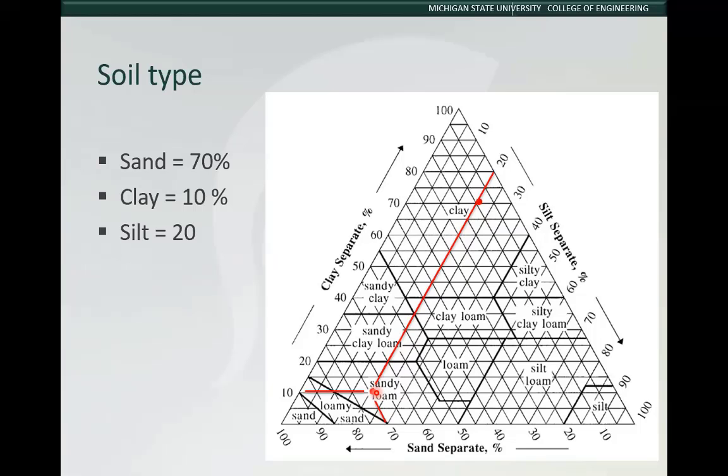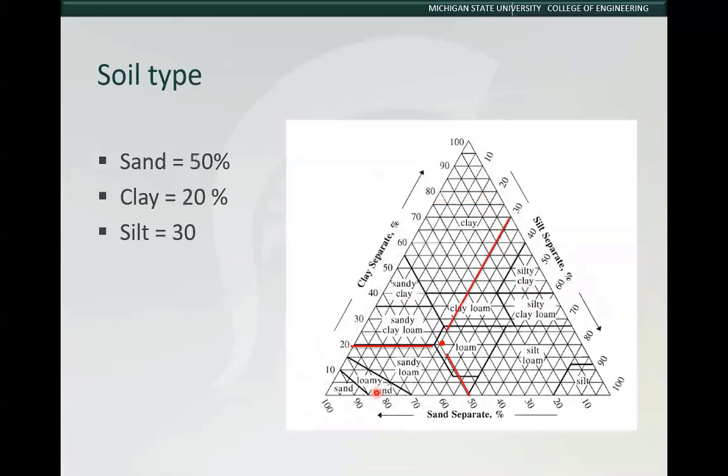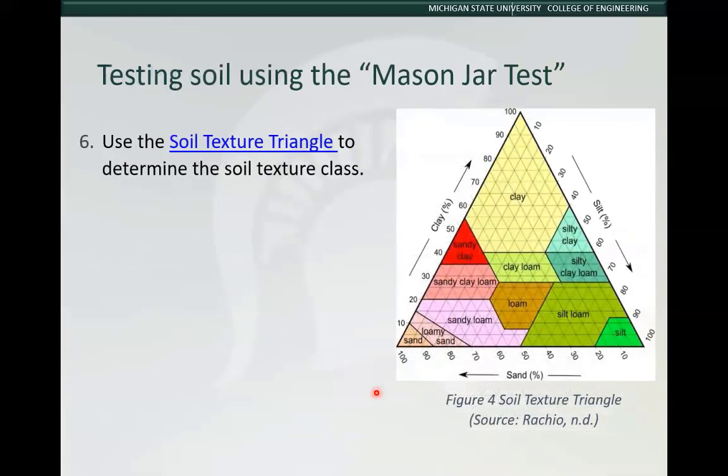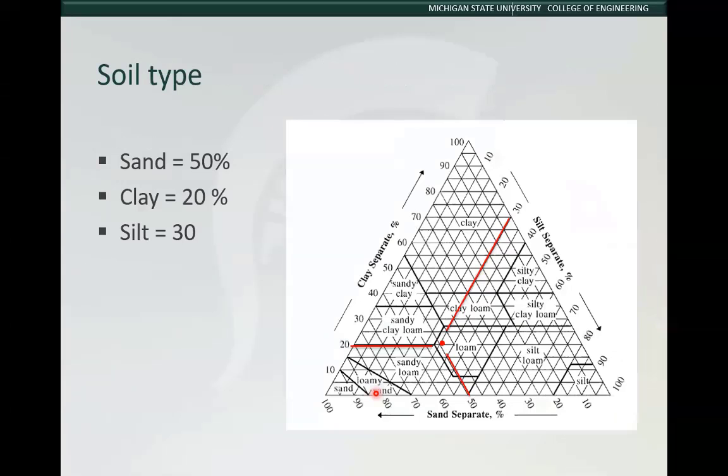Like I said, it's really easy. You can use the triangle here, or the notes have the soil texture triangle link. It's a USDA site, and you can simply go in and plug in the values, and it will plot it for you. And then you'll record the soil type.